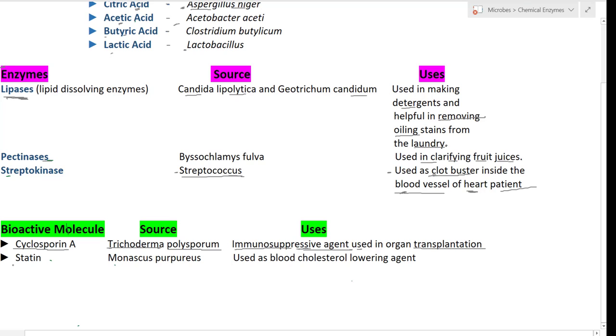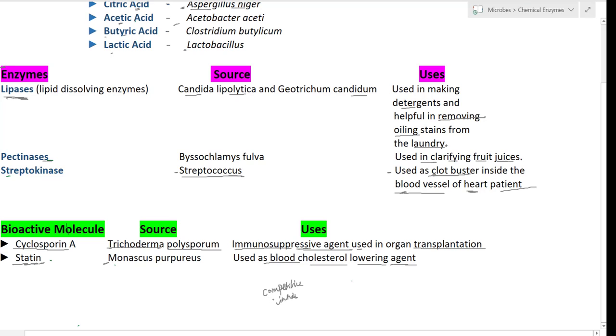Next is statin. Statin we get from Monascus purpureus. It is used as a blood cholesterol lowering agent by competitive inhibition. Through competitive inhibition, this statin works as a competitor of the enzyme required for the formation of blood cholesterol.